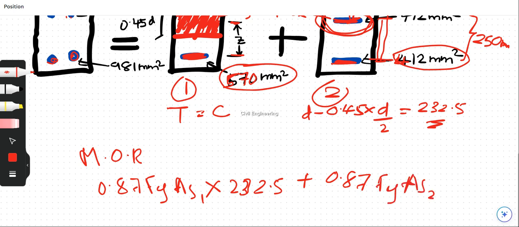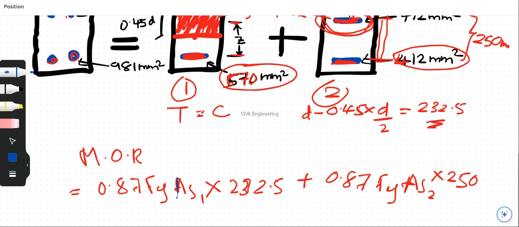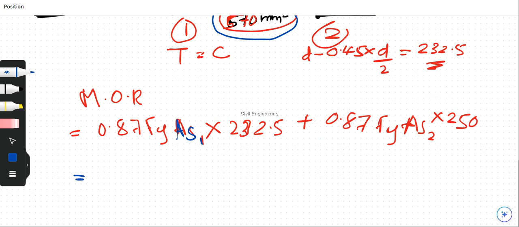Here As2 is 412, into 250. Okay, this is the thing which I wanted to explain. Here As1 means the value of this 570.